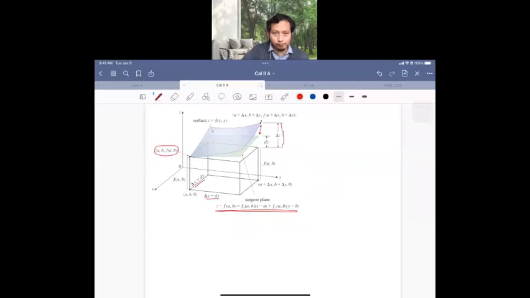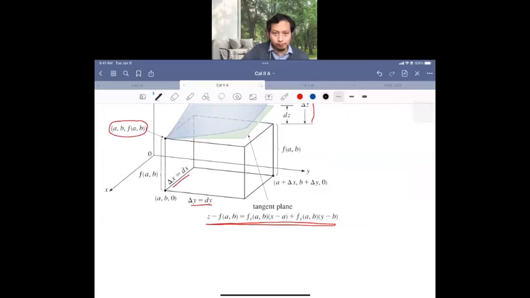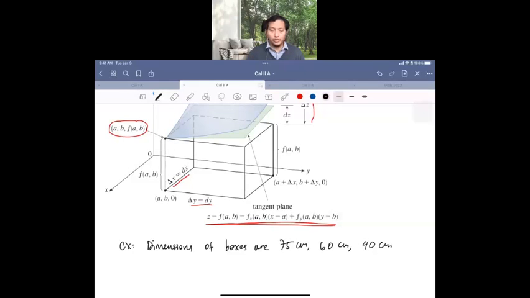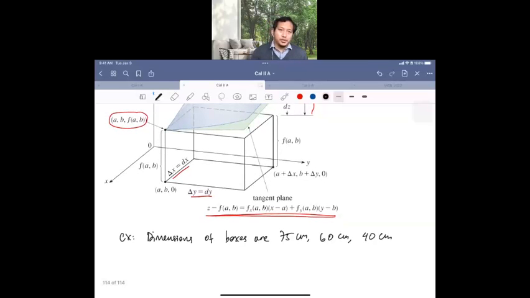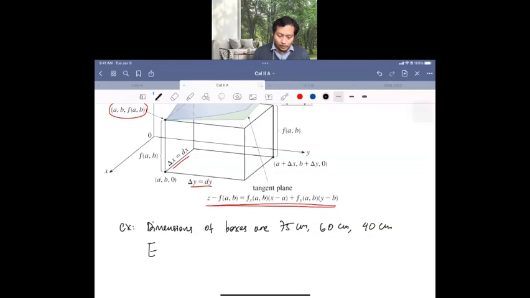Let me give you the context here. The dimensions of a box are, okay, we have three lengths for the box. Each measurement is correct within 0.2 centimeters. So we have an error.